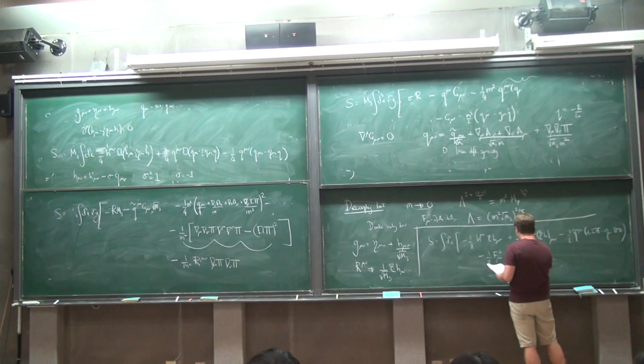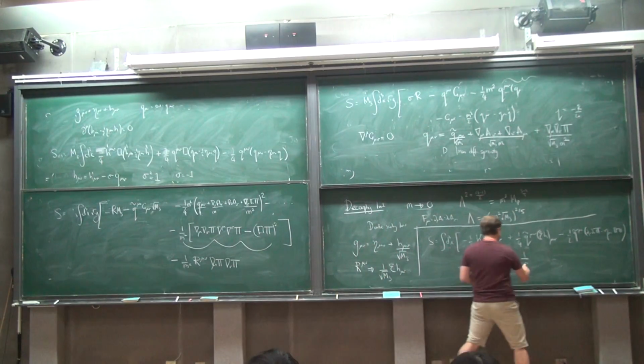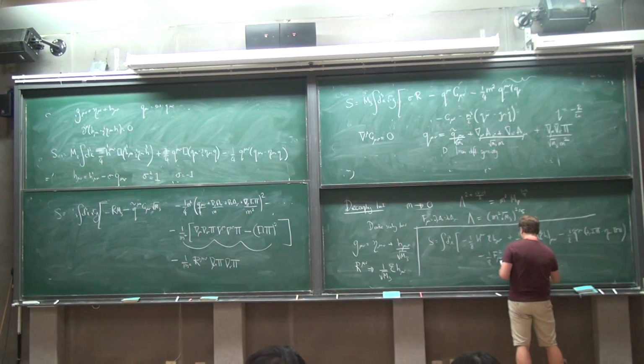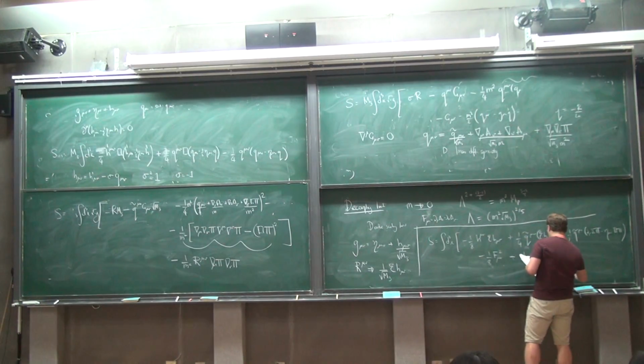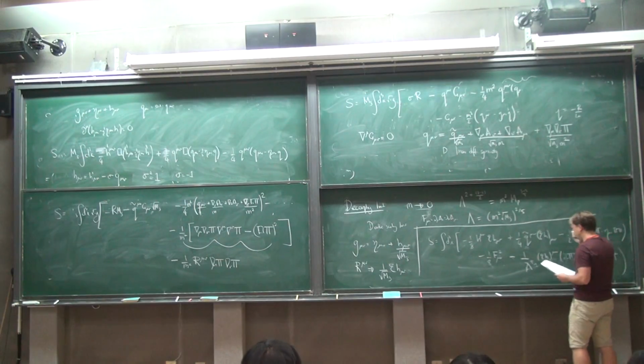And then you have minus, from this term here, you get minus 1 over lambda to the 5 halves psi h mu nu d mu pi d mu pi minus e to mu nu pi squared.